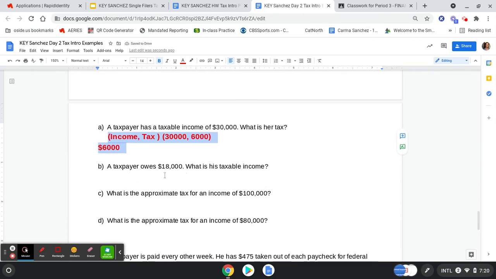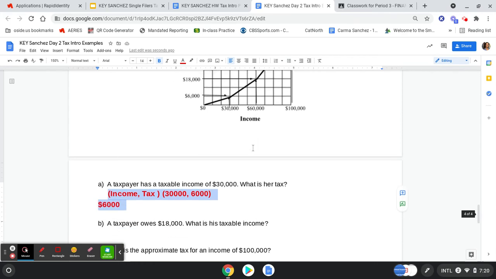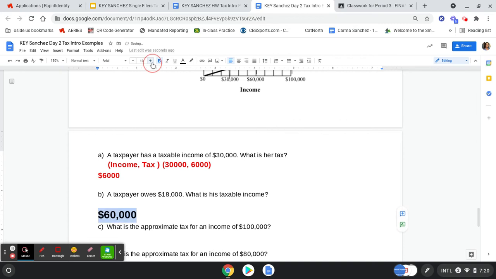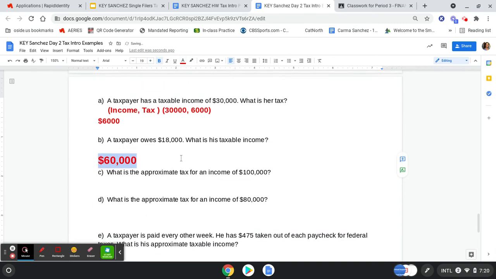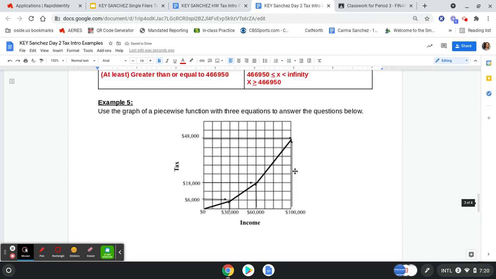If a taxpayer owes $18,000, what is the income? So going from an output down to an input. Do you see 18,000? You follow it across and you look down at the 60,000 income. What's the approximate tax for an income of 100,000?